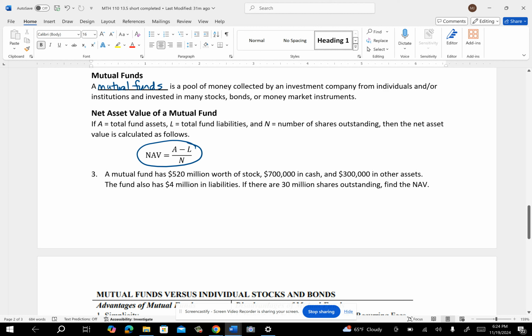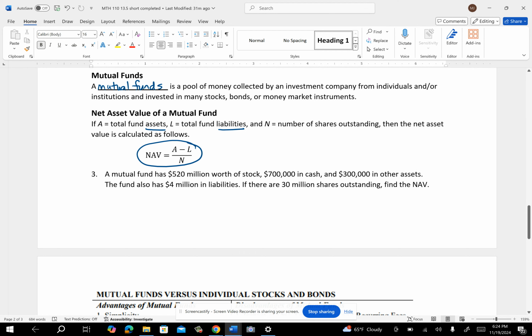What it does is it takes into account all these different types of investments, the total amount of assets they hold, the good things. Then it considers the negatives, the liabilities, things they owe, like if there's any debt or other things that they owe.